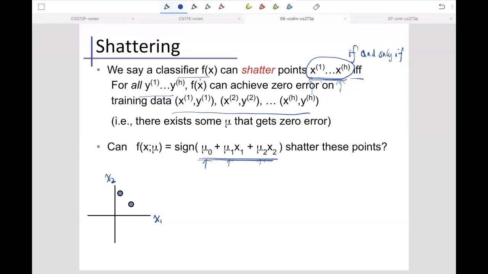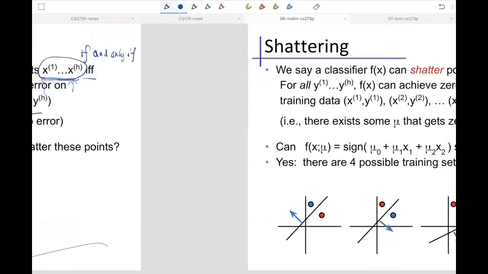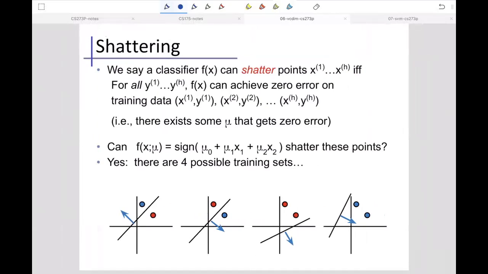Well, let's think about it. How do we verify if this is the case? Let's just do it. I have these two data points that are fixed, however I'm allowed to assign any arbitrary class label to them. For binary classification, there are a total of 4 possible label assignments on these two data points.